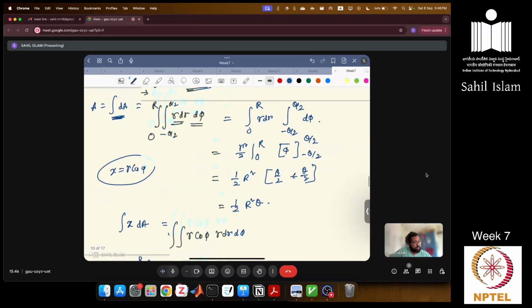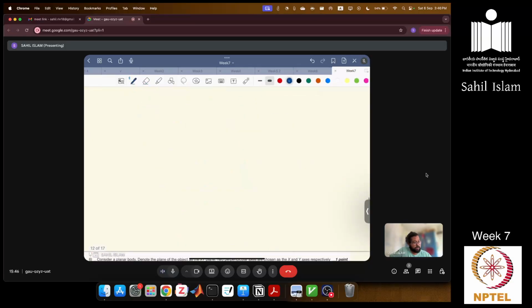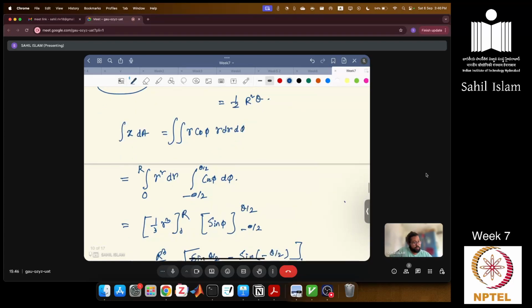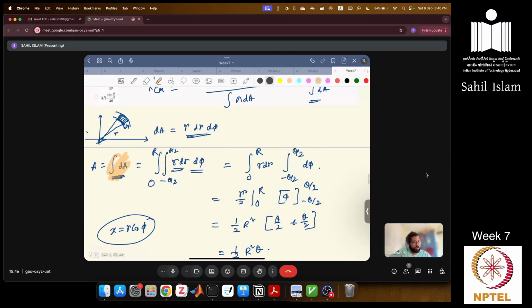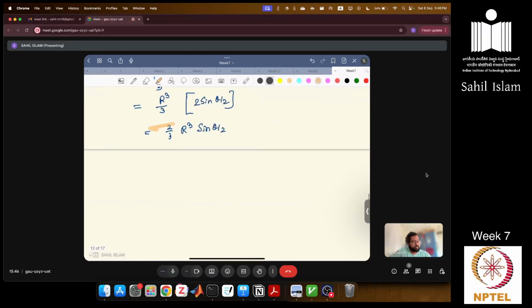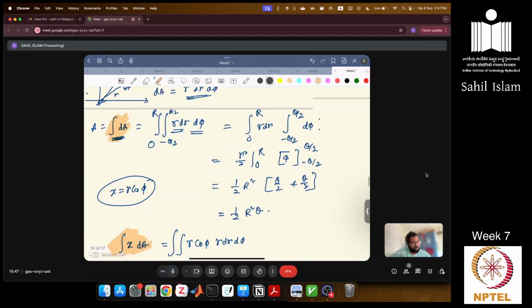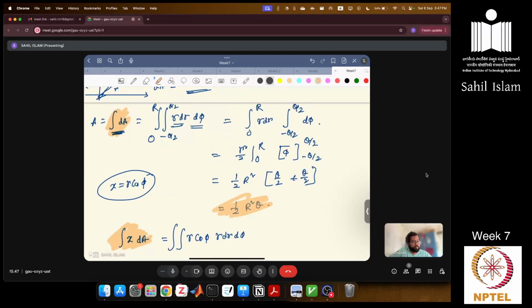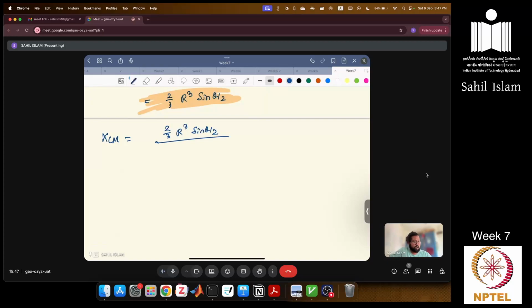So the center of mass was this integral divided by this integral, and this integral's result is this. So x cm would be 2/3 r cube sine theta by 2 divided by half r square theta.